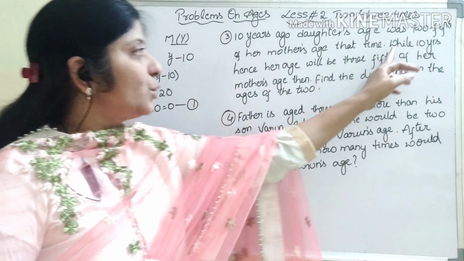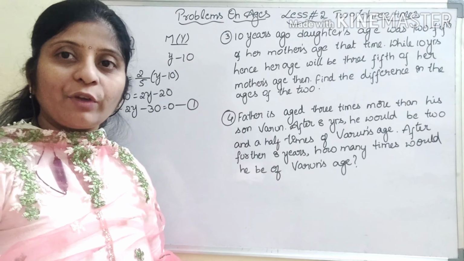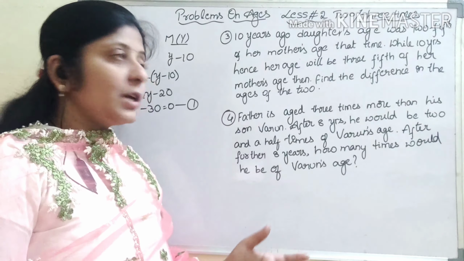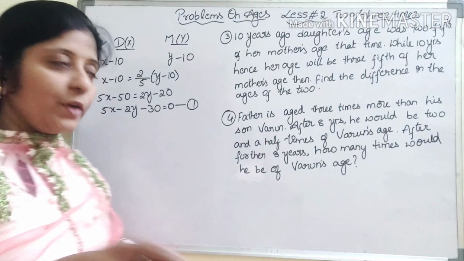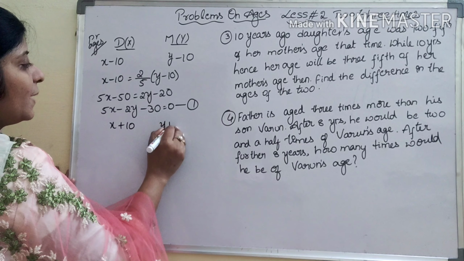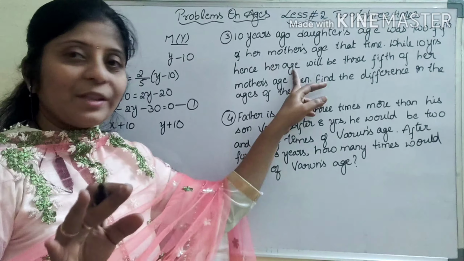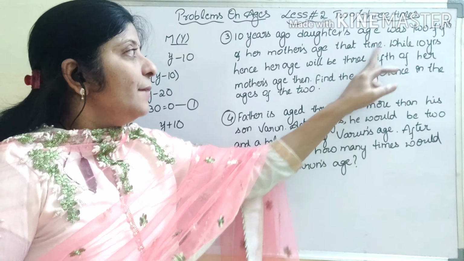And next going to sentence, 10 years hence. Hence nothing but it will be in the future. In future we have to add the number of years. So we will get x plus 10 and y plus 10. So given that her age, that means daughter age will be 3/5, nothing but 3 by 5 times of her mother's age.